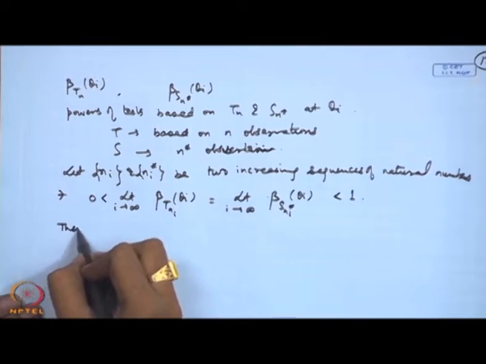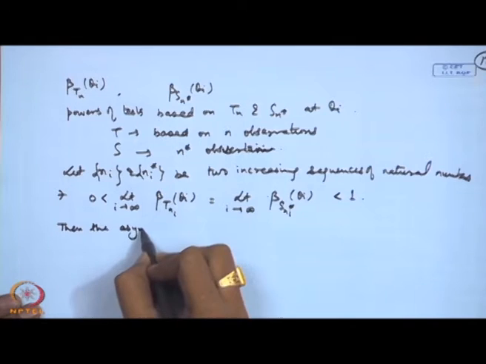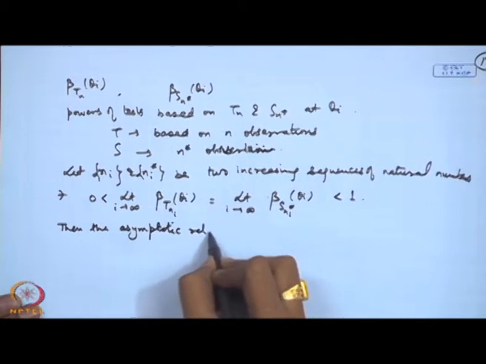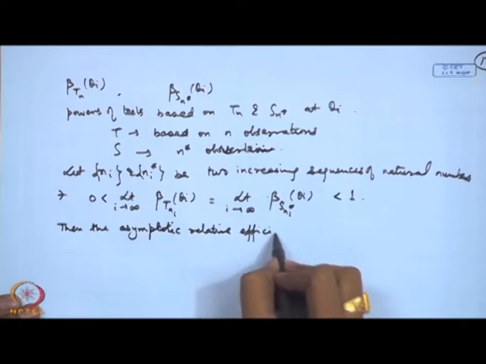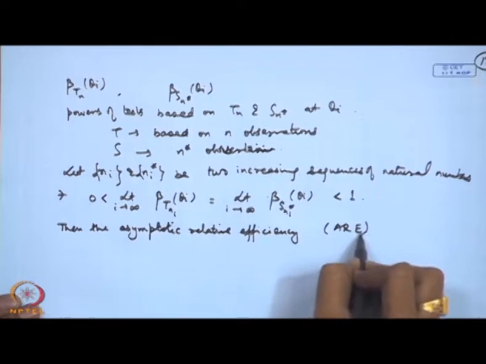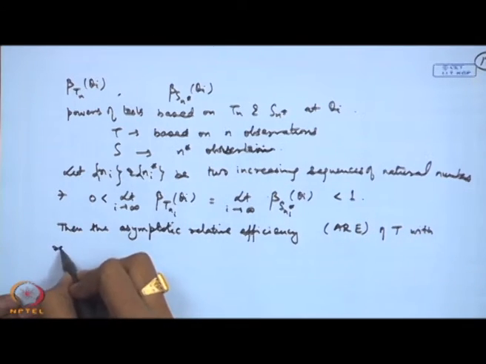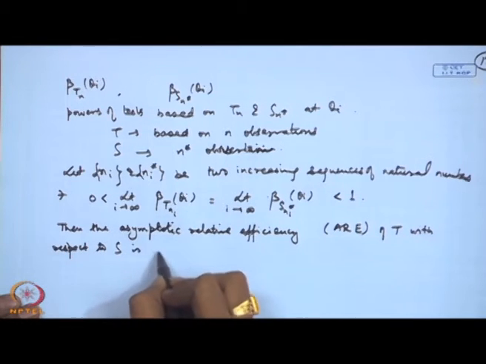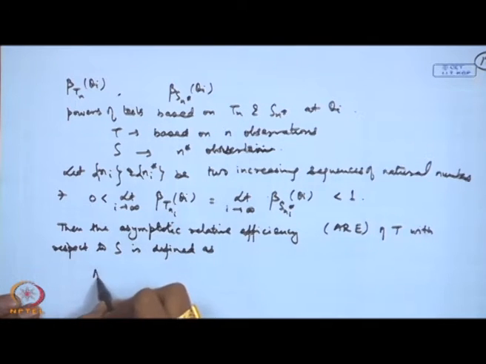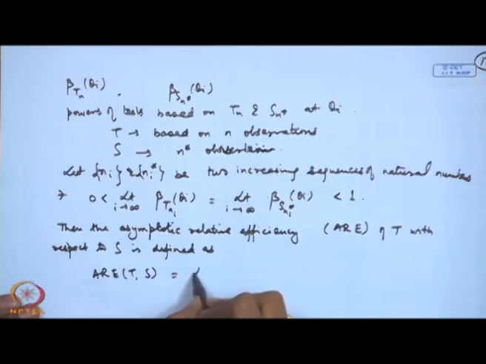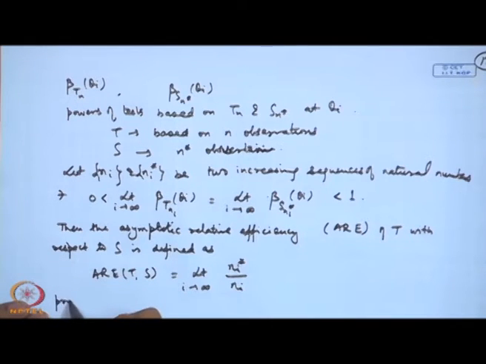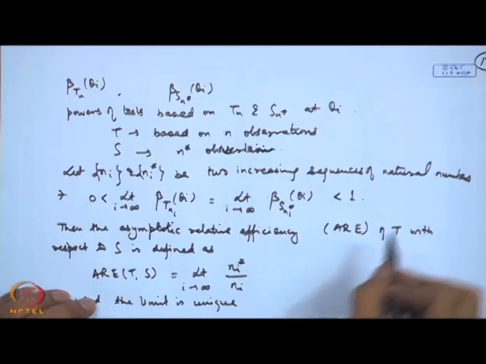Then the asymptotic relative efficiency, that is ARE of T with respect to S, is defined as ARE of T, S is equal to the limit as i tends to infinity of Ni star divided by Ni, provided the limit is unique for all sequences Ni and Ni star which satisfy this condition star.